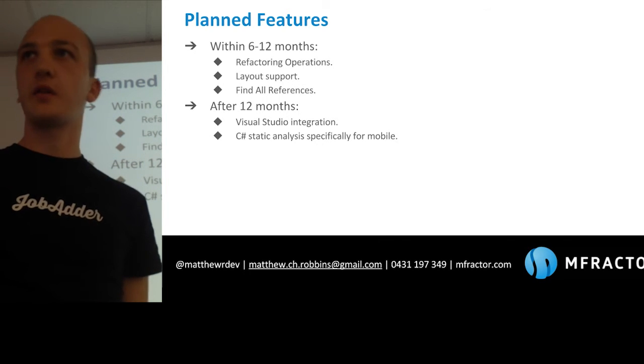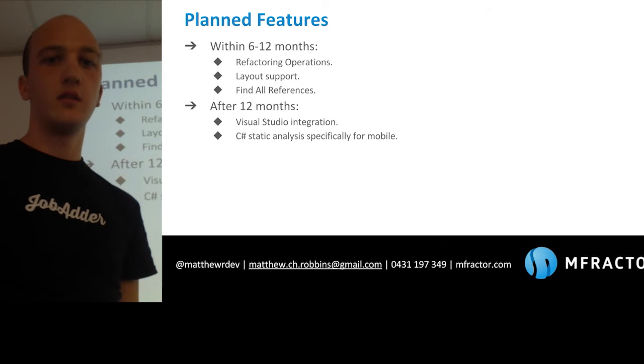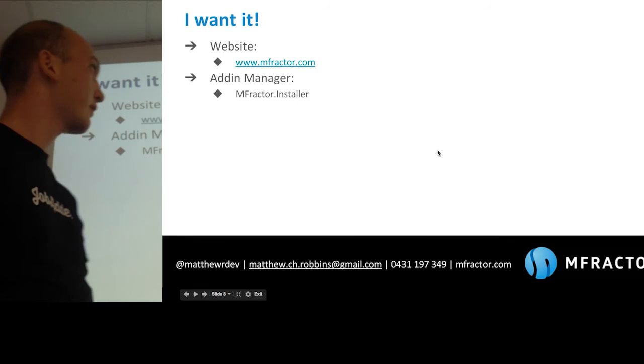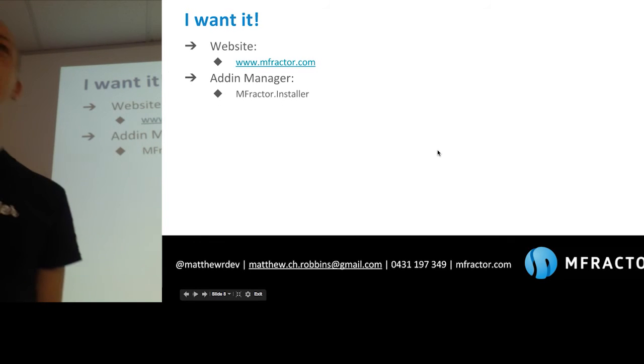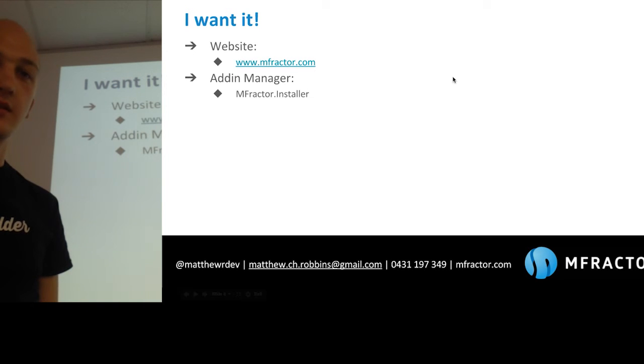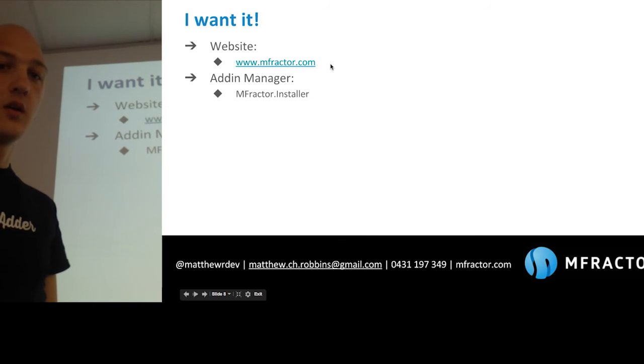So things like context leaks, UI thread invokes, things like that. If you want to use it, and I would love for you to use it and tell me what's wrong with it, you can go to the website, so there's just MFractor.com.